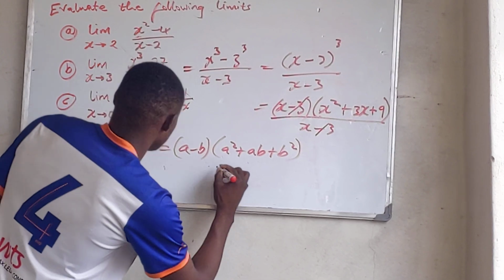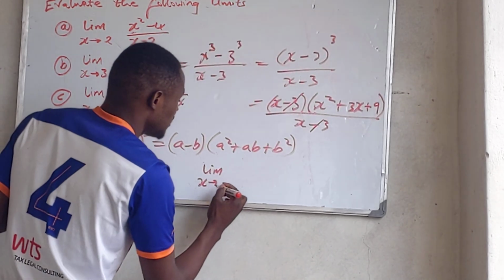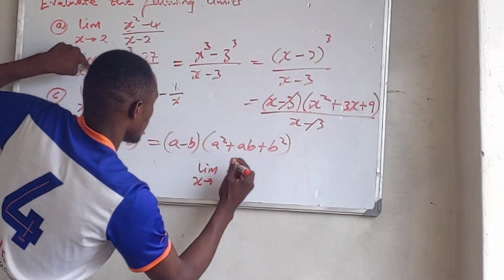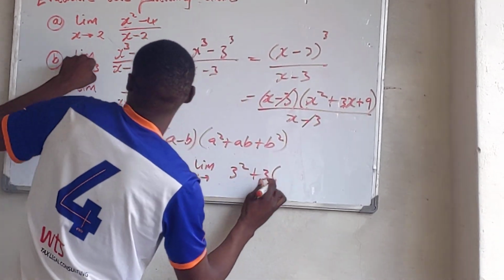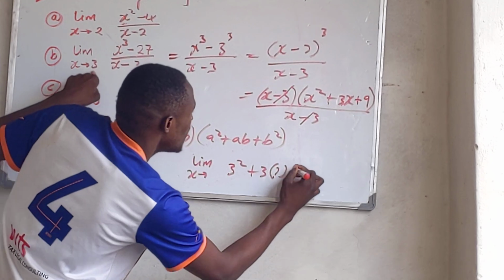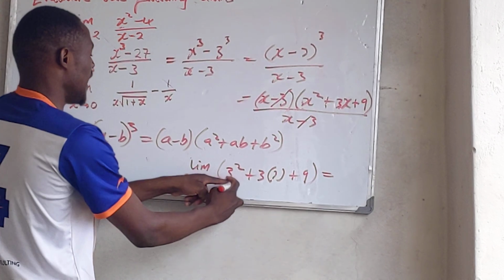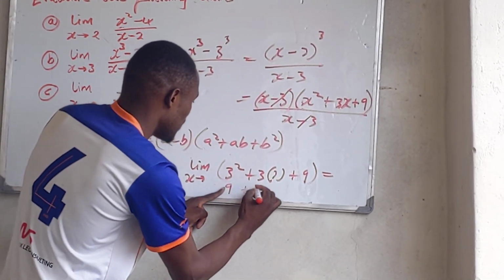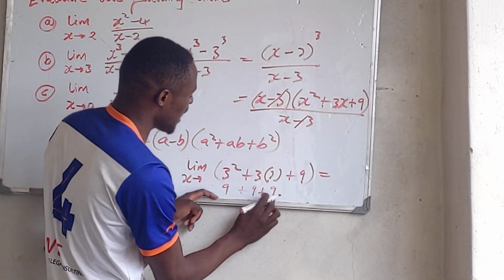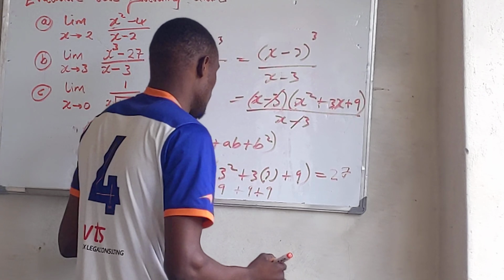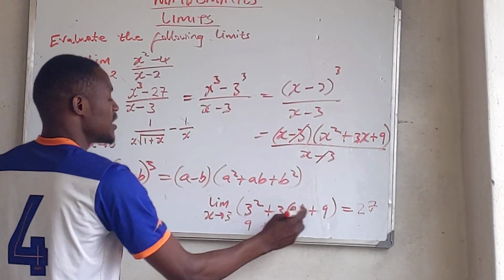So we are going to have the limit as x approaches 3 of x squared, which is 3 squared, plus 3x, which is 3 times 3, plus 9, which is equal to 9 plus 9 plus 9, which is 27. Therefore, we conclude that the limit as x approaches 3 is 27.